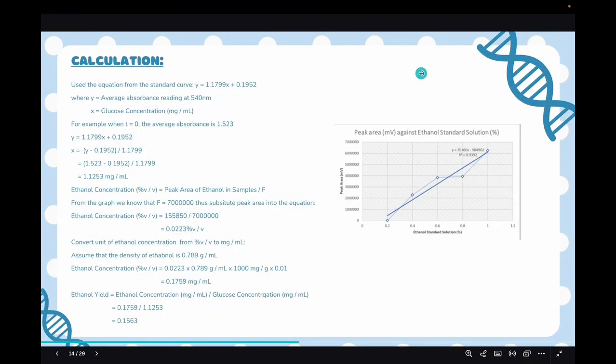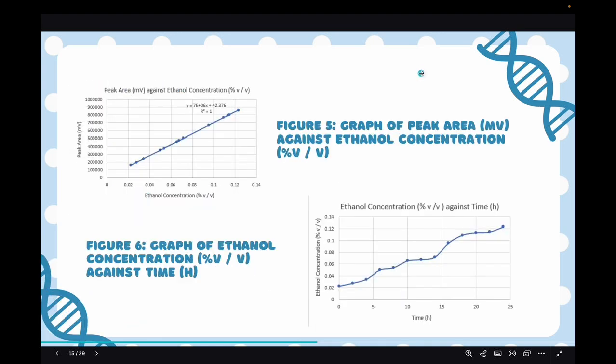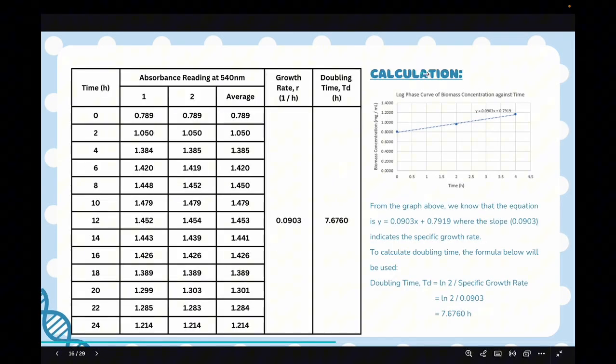And this is the calculation of the peak area against the ethanol standard solution. And this is the graph. And this is the absorbance reading, or the OD, optical density of the growth rate.